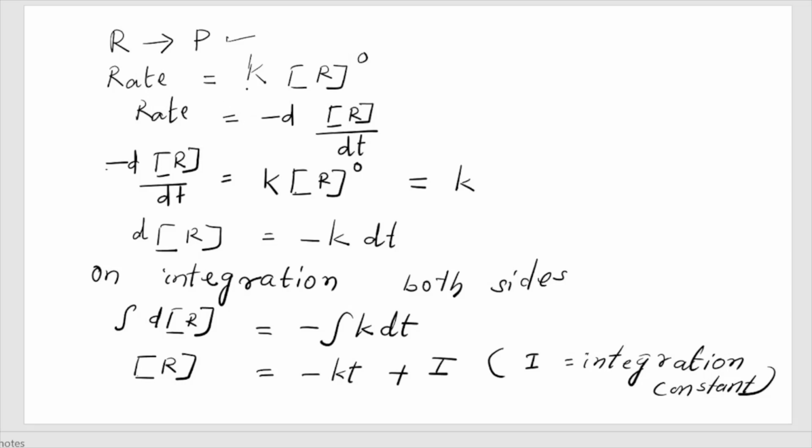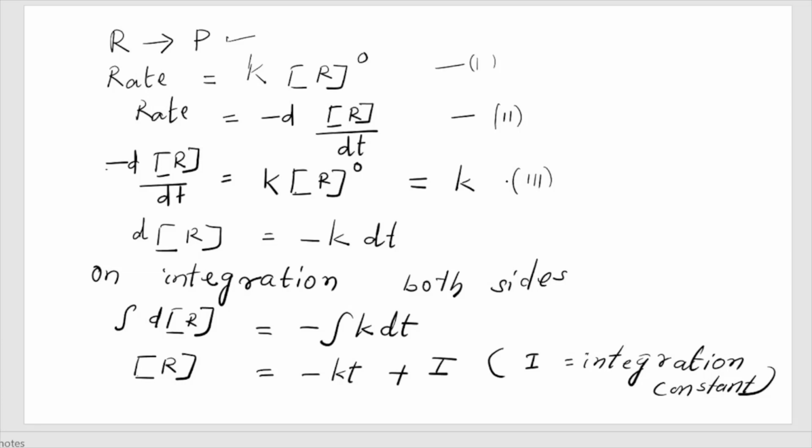Or you can say rate, what is rate you know? Minus d[R] by dt, that is the instantaneous rate I told. Then you make them equal. Suppose this is equation 1 and it is equation 2, then it is equation 3. In equation 3 you make them equal.